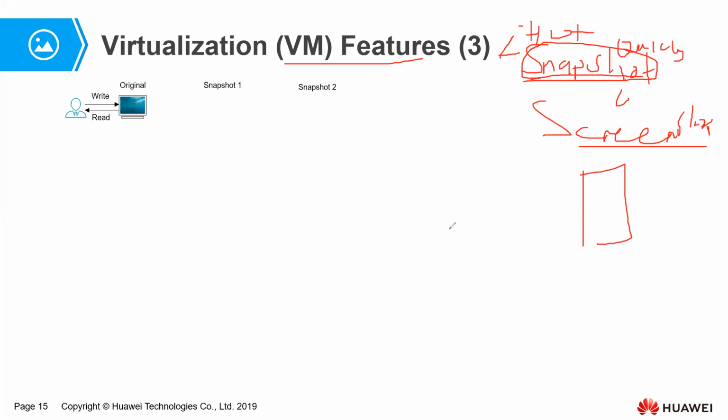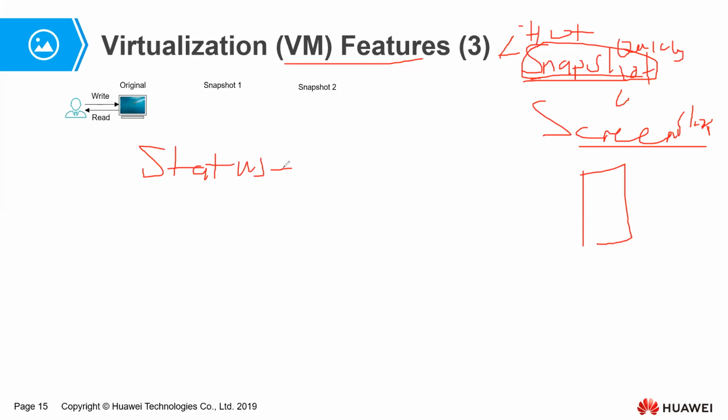So basically what a snapshot does, it records the status of a certain moment and certain content. It contains the complete data of the virtual machine.